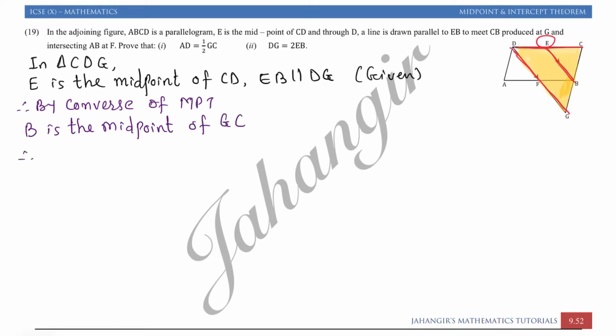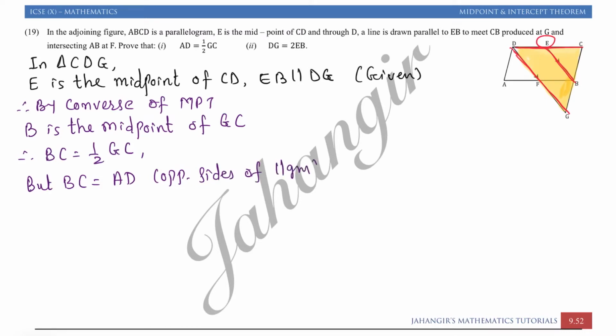So therefore I can say BC is equal to half GC. But BC is equal to AD, opposite sides of a parallelogram. So therefore we can say AD is equal to half GC. This is the first question ka answer.